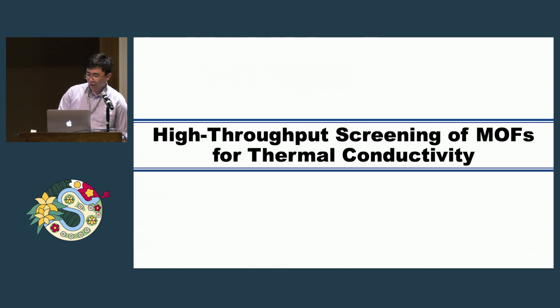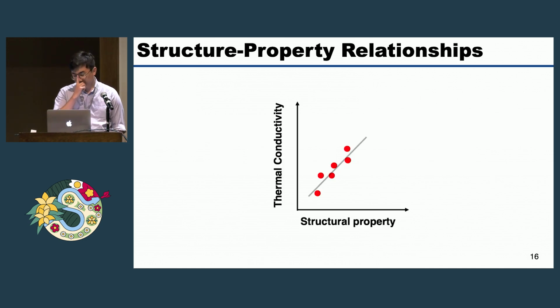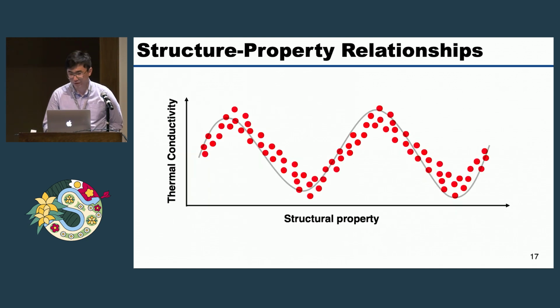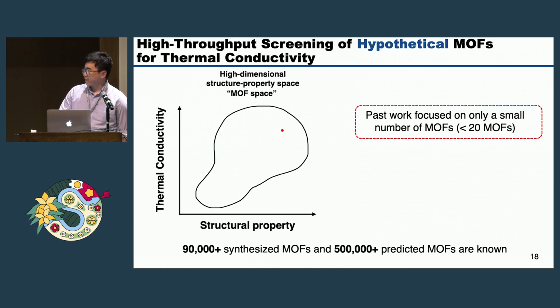Okay, so now I would like to move to the second part of my talk, which is about high-throughput screening and machine learning. When people report structure property relationships by only considering a small number of materials, oftentimes the reported relationships might turn out to be different when you include many data points. In the past, there were some great works on thermal transport properties of MOFs, but they focused on a small number of MOFs.